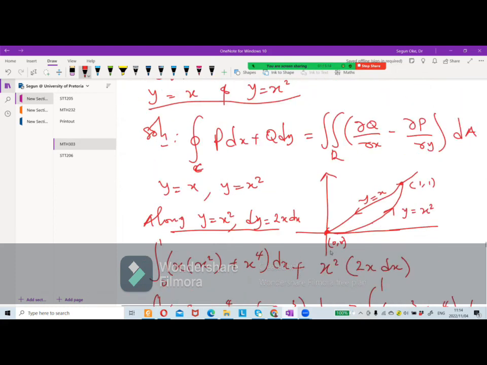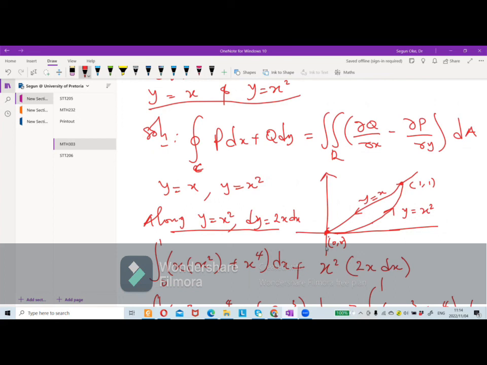Then try to study some of those questions that we solved and the ones in the notes and in the textbook, and you will discover that some of those questions are very simple. All you need to do is look at it in pictorial form like this one. If I have a closed coordinate, if I start from here to this particular point, I know my y equals x in this case.